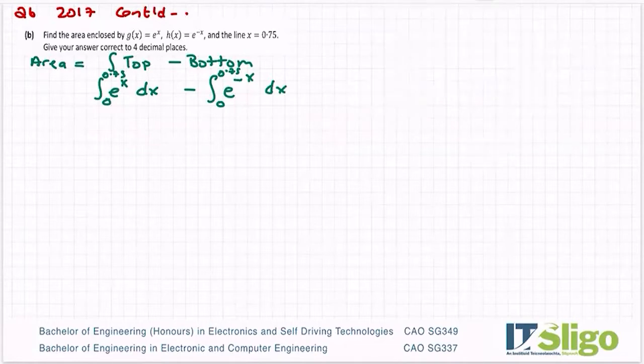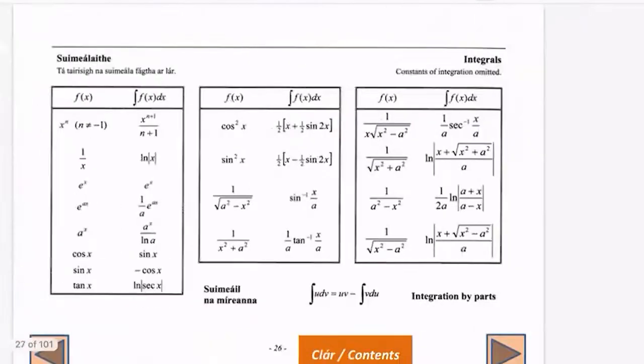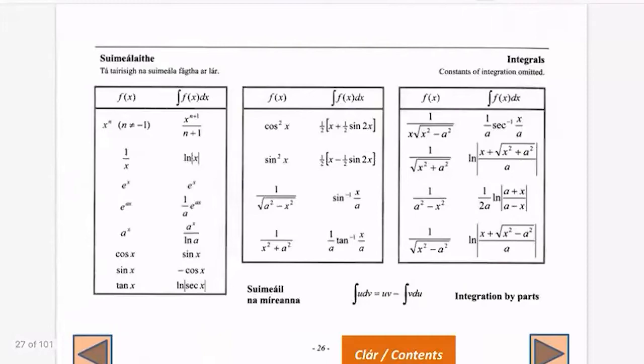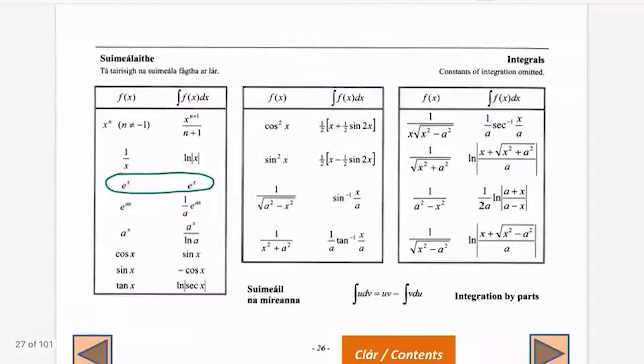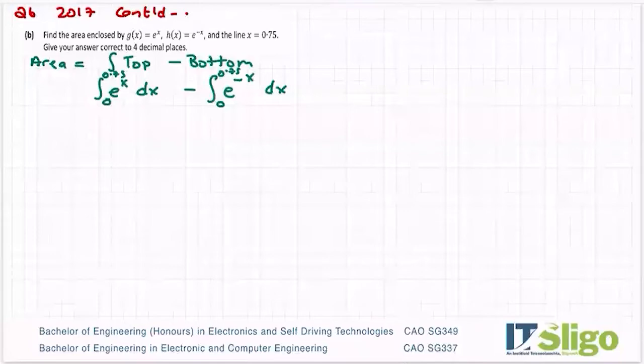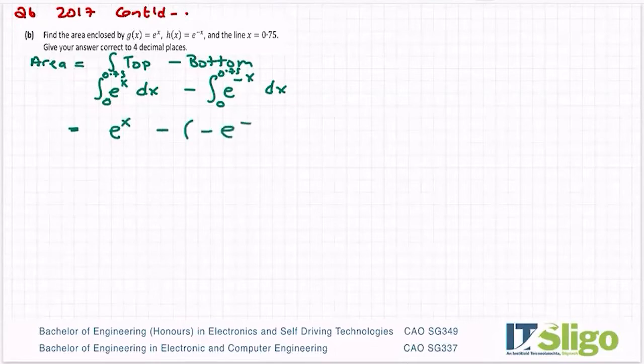Okay, so if you integrate e to the power of x, e to the power of x is e to the power of x. So this will be e to the power of x, and then this one will be minus e to the minus x.